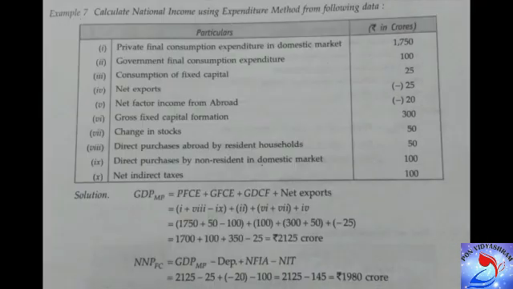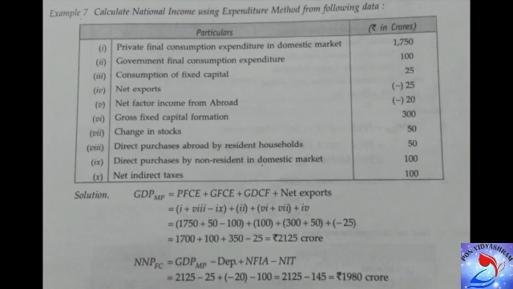In this problem, the particulars are given, so we have to calculate the national income by the expenditure method. For this, the formula is GDP at market price equals PFCE, private final consumption expenditure, plus GFCE, government final consumption expenditure, plus GDFC, government fixed capital formation, plus net exports. Private final consumption expenditure is 1750.